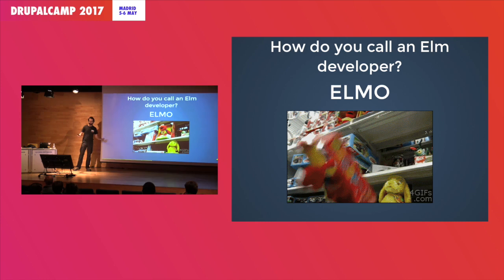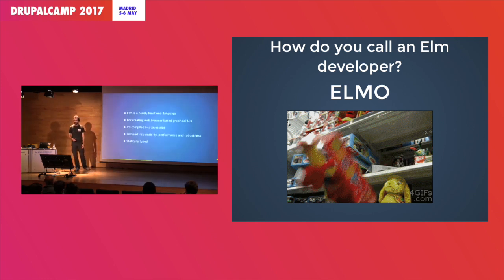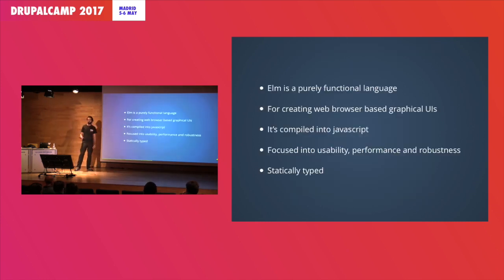So what is Elm? What is this Elm we are talking about? Elm is a purely functional language. That means it can be programmed only in a functional way. For example, JavaScript and PHP can be programmed in a functional way, but they are not purely functional because they allow other kinds of programming, like object-oriented, procedural, and so on.